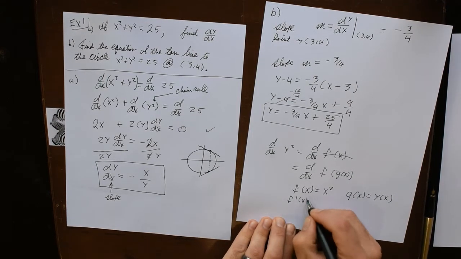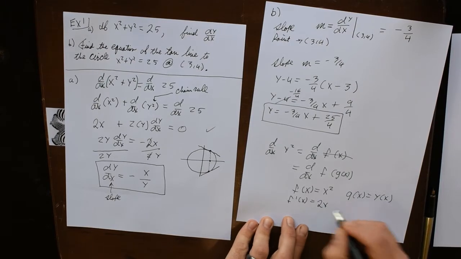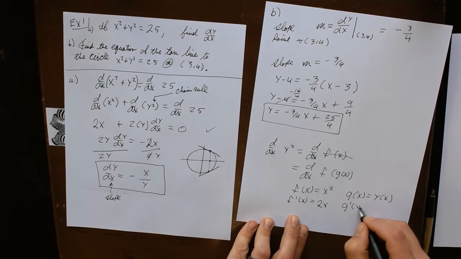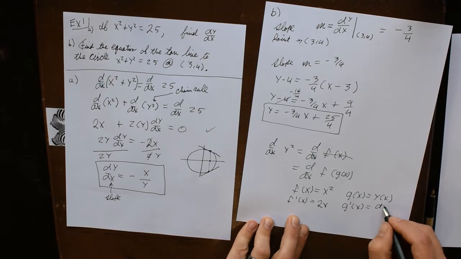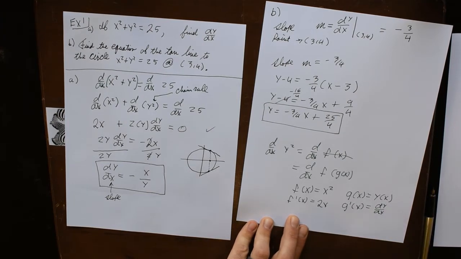So f prime of x is equal to 2x, and g prime of x is equal to, well, the change in y with regards to x.